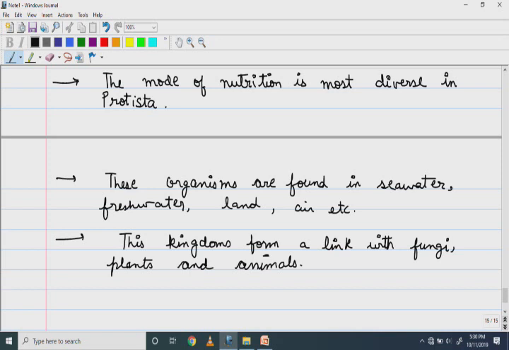Now, why are they eukaryotic? Because they have a well-defined nucleus. The nucleus is membrane bound and it is well-defined.